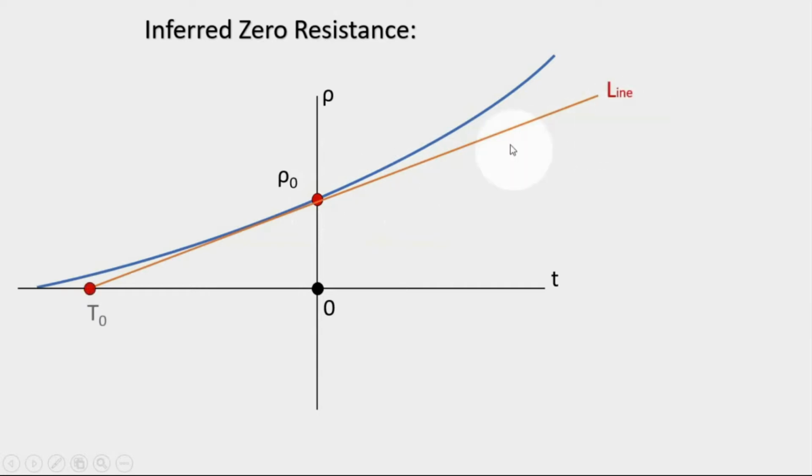So this is the line, and this line also will intersect the x-axis, which is the temperature. So for the value of the temperature, I write the big letter T sub O.